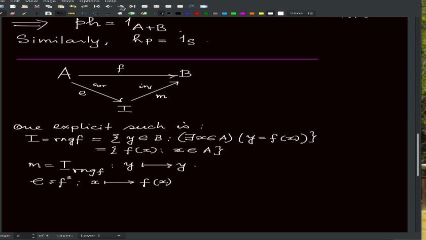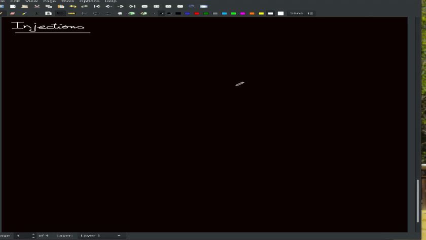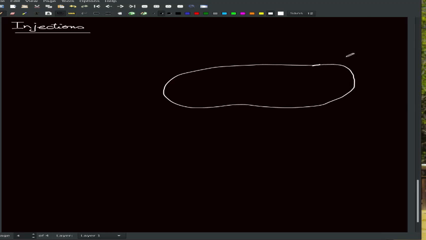In what sense? Let us try to draw a picture. What does an inclusion map look like? Here is the set A, and here is a subset P. So you have this inclusion map.